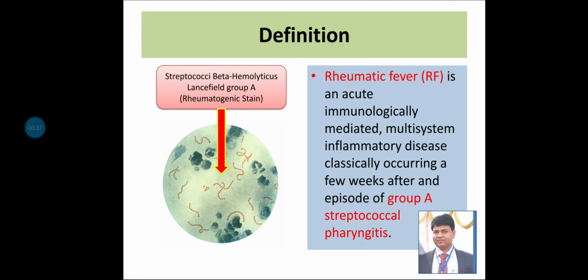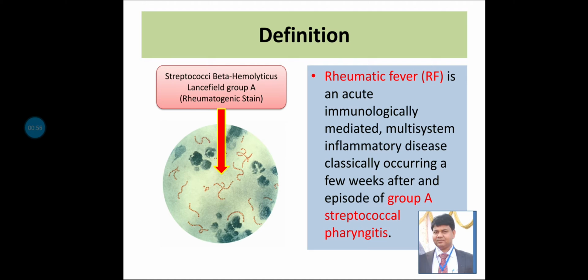Now coming to the definition of rheumatic fever. So rheumatic fever is an acute immunologically mediated multi-system inflammatory disease classically occurring a few weeks after the episodes of group A streptococcal pharyngitis.